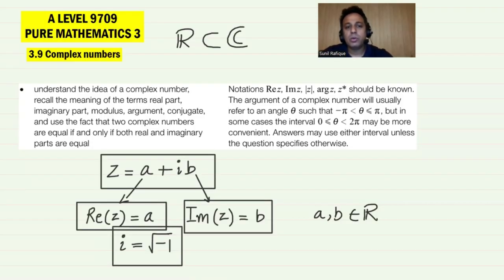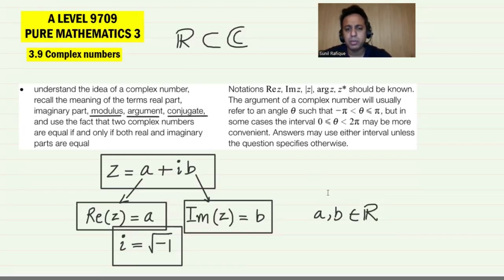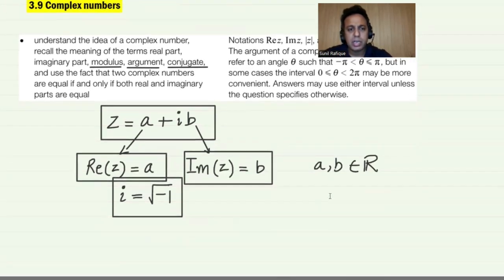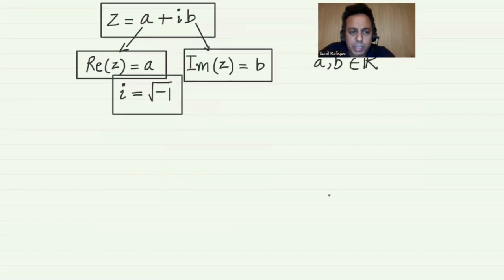Okay, so next we look at what these things are: the modulus, the argument, the conjugate. There are so many things, so I'll go step by step. First, I will tell you what a modulus of a complex number is. Modulus, fancy term.